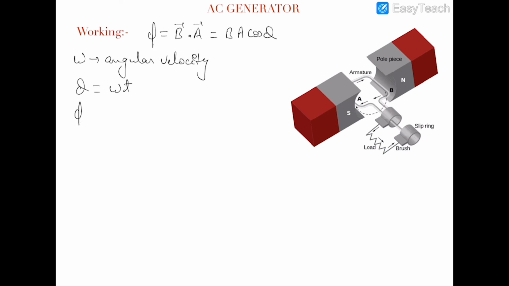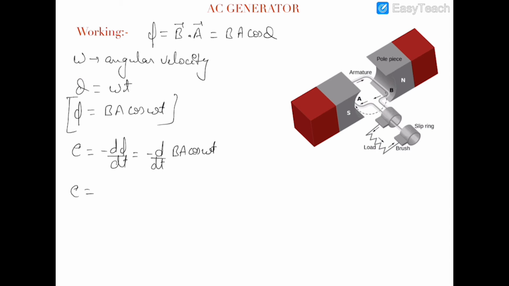So flux is equal to BA cos omega t. So this is the flux, and we know that EMF is equal to minus d phi by dt. So it is minus d by dt of BA cos omega t.